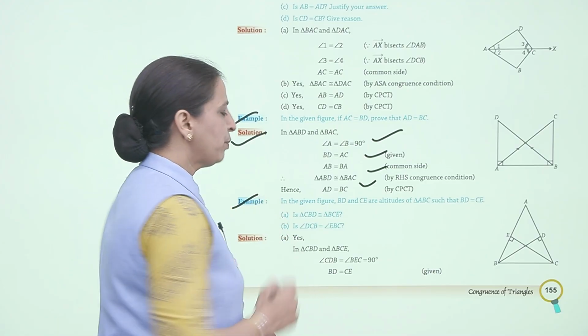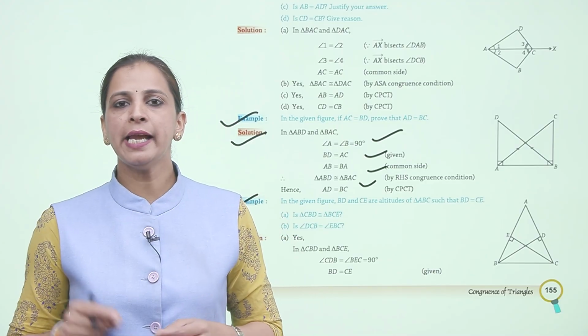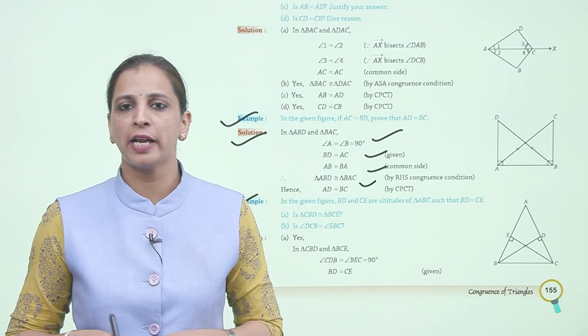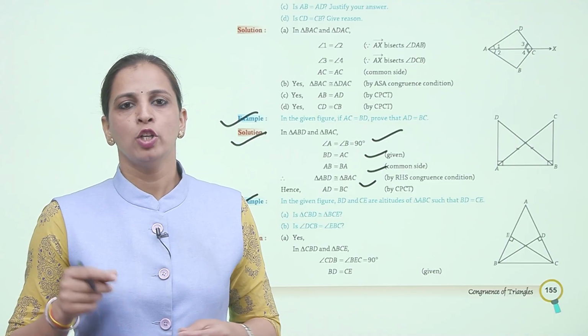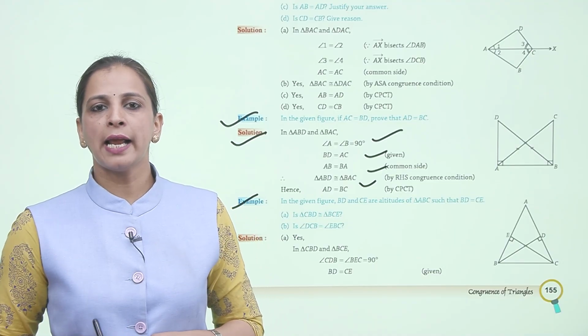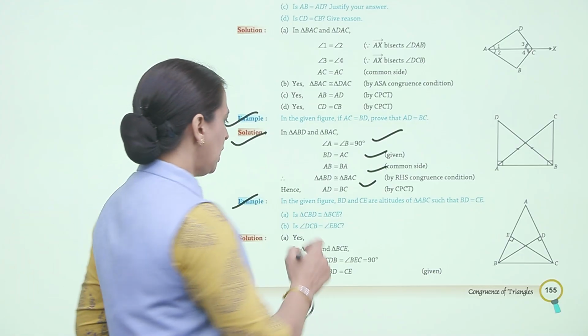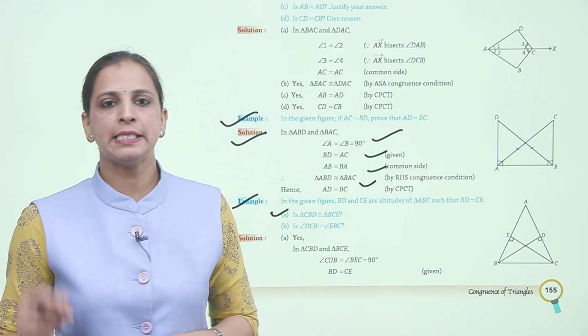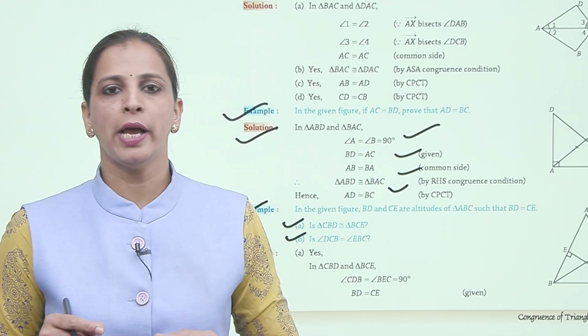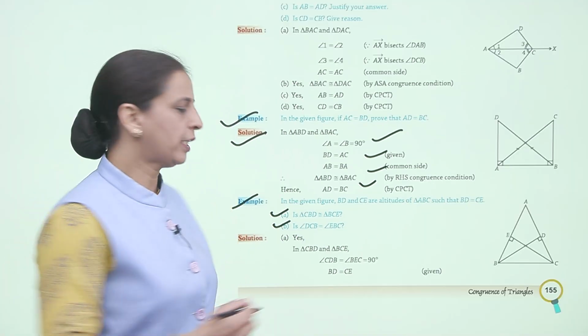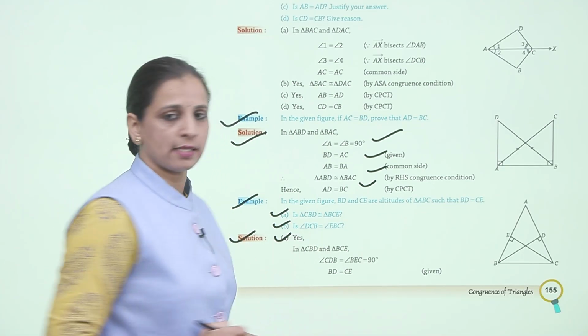Now next example. In the given figure, BD and CE are altitudes of triangle ABC such that BD is equal to CE. We have to prove: is triangle CBD congruent to triangle BCE, and is angle DCB equal to angle EBC. Let's do the solution. So the answer to A is yes. How?